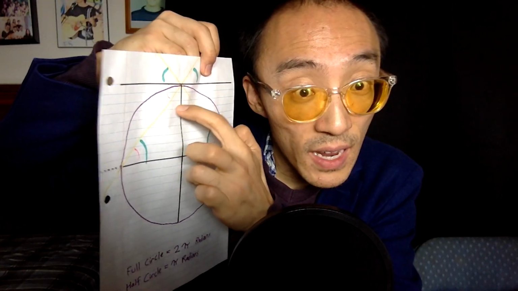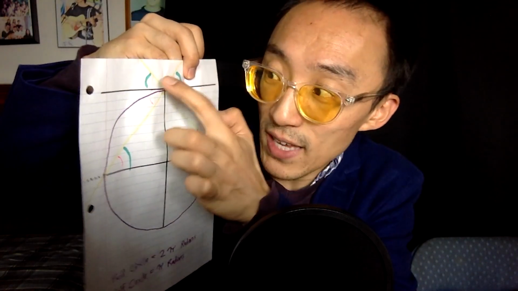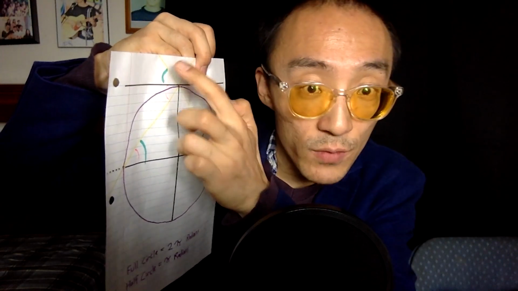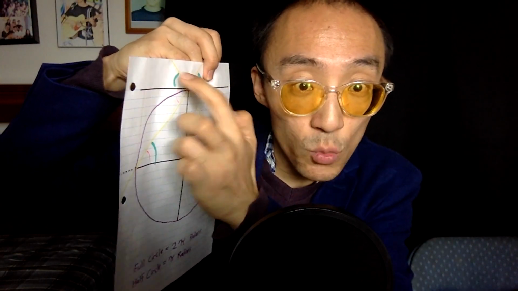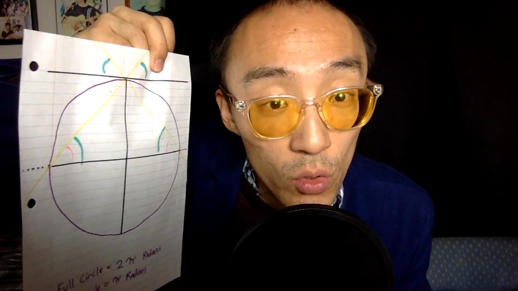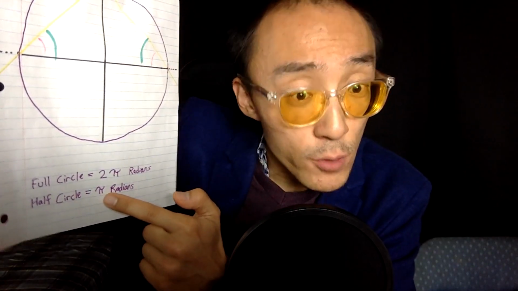So this angle right here is symmetric to this angle right here. So again, up here, we've accounted for all the angles of the triangle. And look at this. What did they add up to? They add up to half a circle. Whether you proved it the first way or the second way, we know that half a circle is pi radians. Therefore, guys, the sum of the interior angles of a triangle is pi radians.